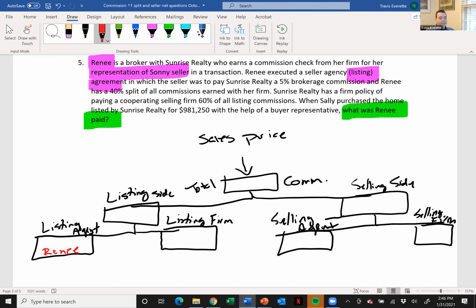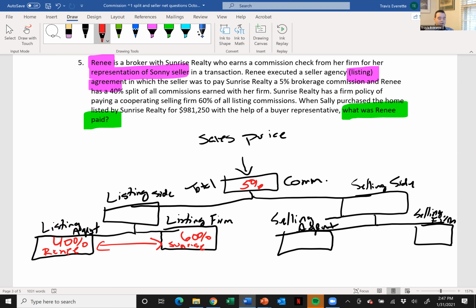It says Renee executed a listing agreement in which the seller was to pay Sunrise Realty a 5% brokerage commission. Okay. Oh, and by the way, we could put Sunrise here. That's Renee's firm. So we got a 5% total commission. It says, and Renee has a 40% split of all commissions earned with her firm. So Renee has got 40% of everything earned down here, which means her firm, Sunrise, is getting 60%, greedy folks that they are.